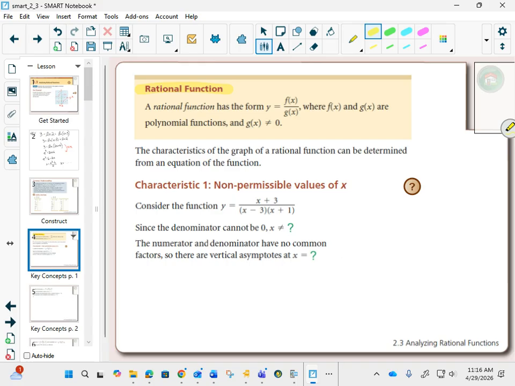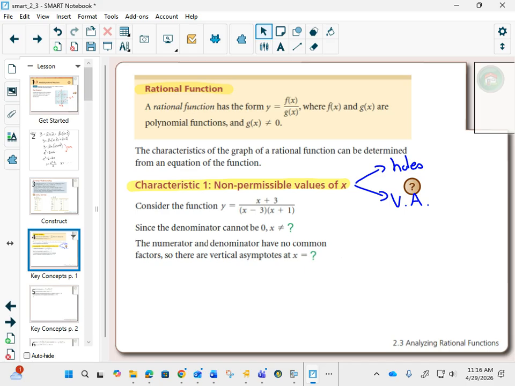We'll go through characteristics of each of these, and the first characteristic that we look for is non-permissible values. Non-permissible values will turn into one of two things. They will either be holes if they cancel out and go away, or they will be vertical asymptotes if they stick around.